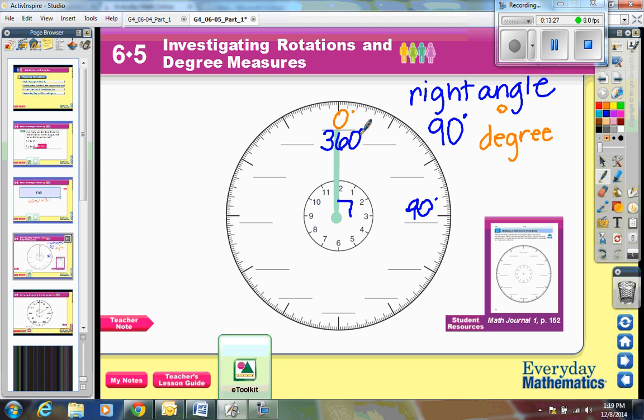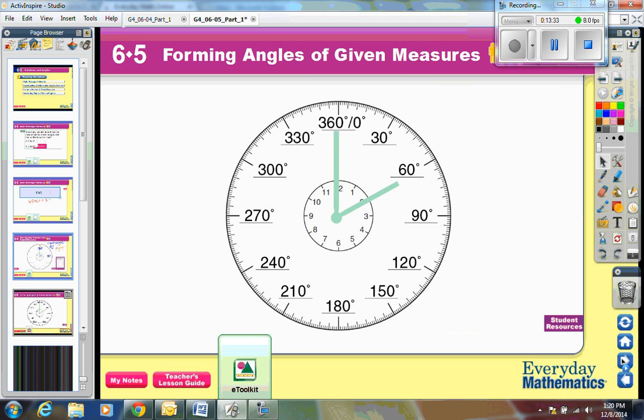Now, let's complete our circle in your math journal so it looks like the circle on the screen. Pause the video now to complete this circle.